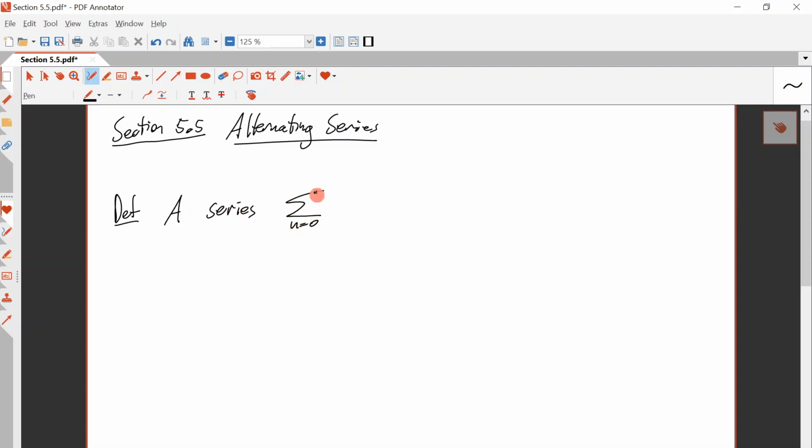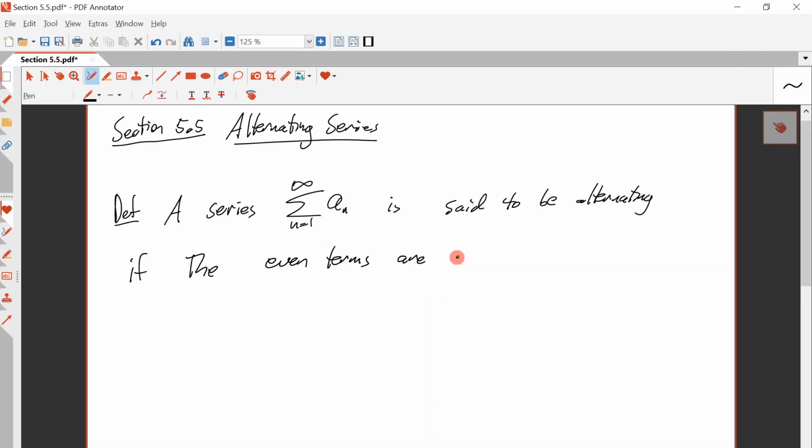Sum n equals 0 or n equals 1 to infinity, or wherever you might be starting, of a_n is said to be alternating if the even terms are positive and the odd terms are negative. Let me write it this way.